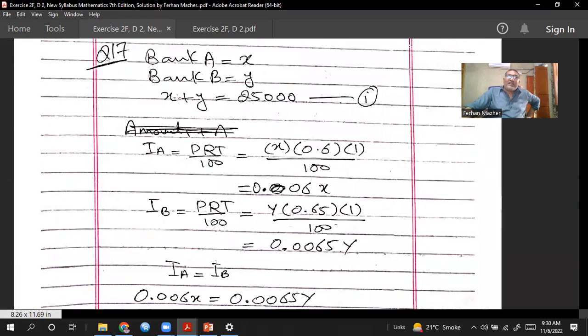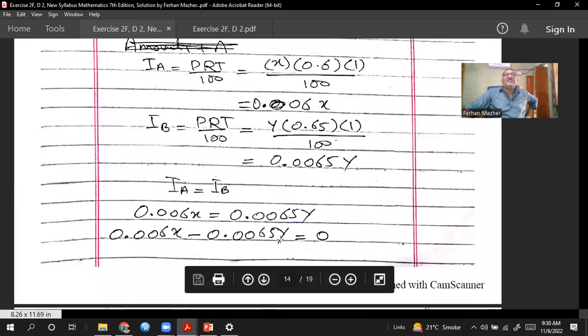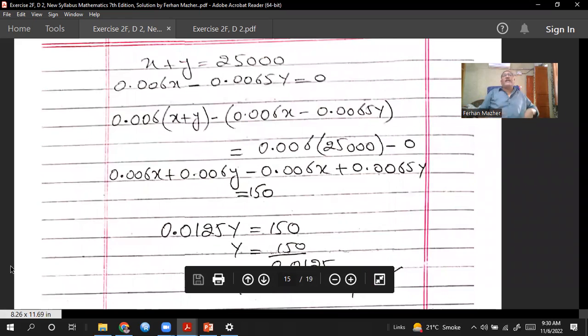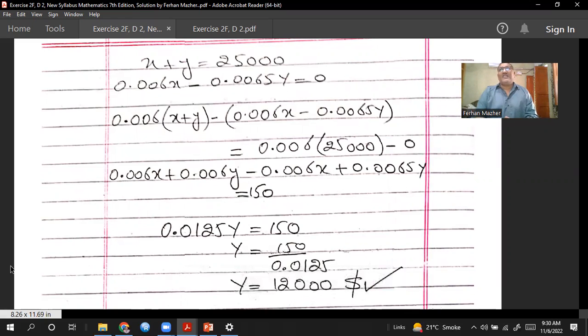Now you have two equations, this equation and this equation. So I will make the coefficients of x the same. For that purpose, I will multiply the first equation by 0.006. And then I will subtract both the equations.